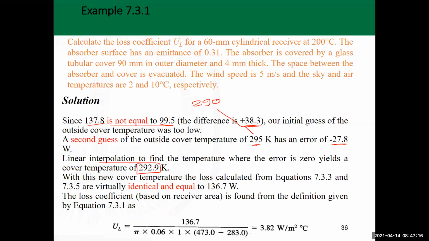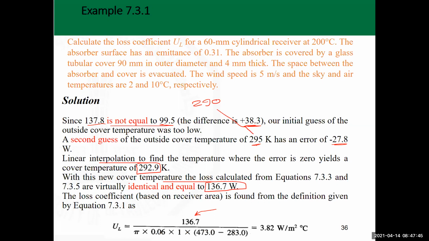292.9. Substituting this value, we get a Q loss equal to 136.7, which is converged between both of them. Accordingly, the value of UL in this case is the Q loss that we have calculated divided by pi times the diameter of the absorber times the length times the temperature difference between the two values.